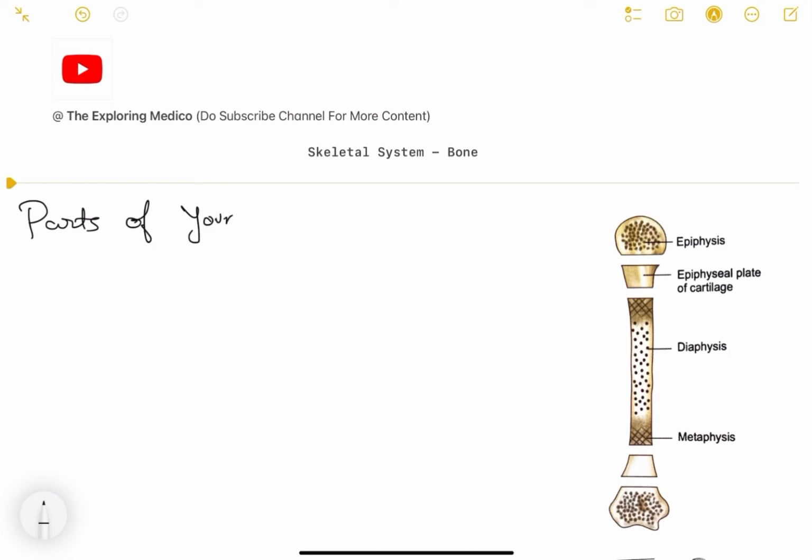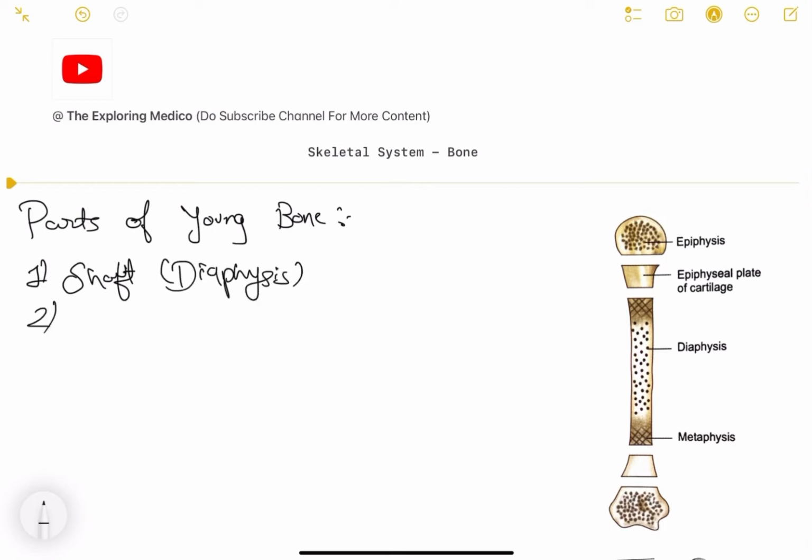Parts of a young bone. First is the shaft, which is diaphysis. Second one is the end, which is epiphysis. First we'll write the parts, then we will see them in the figure.